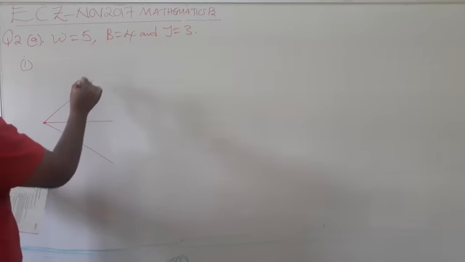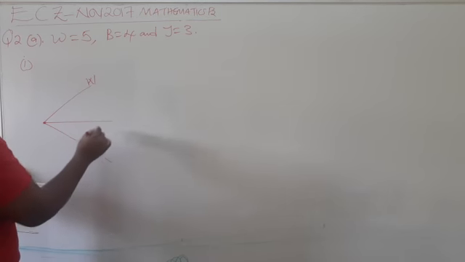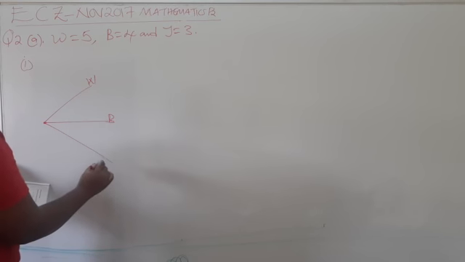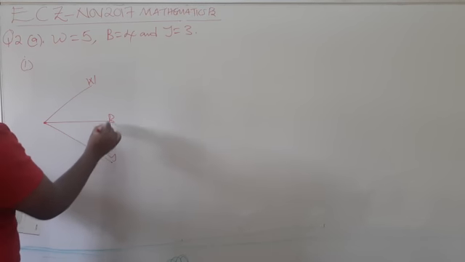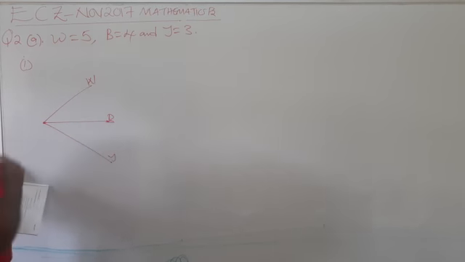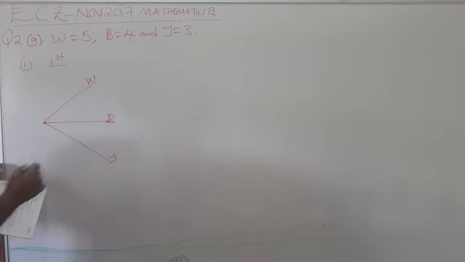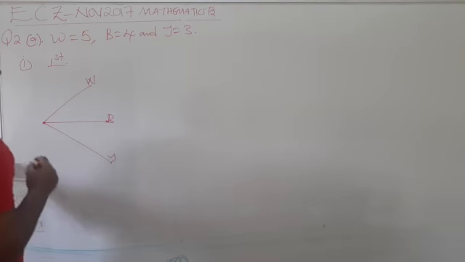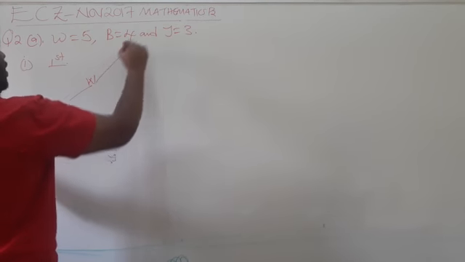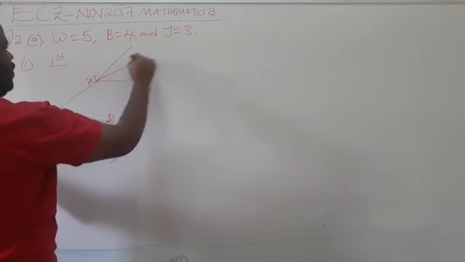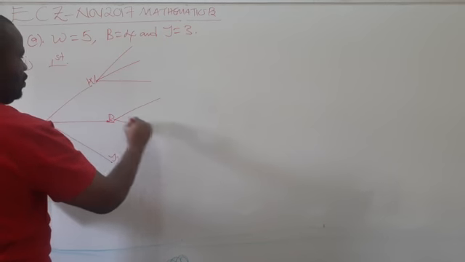Alright? So we have white, blue, and yellow. So this will represent the first picking. Then we can have the second picking. So I'll do them in advance, then explain what we are talking about.